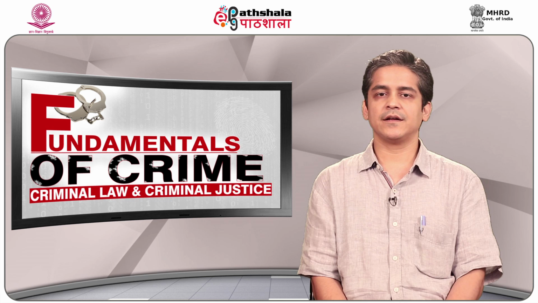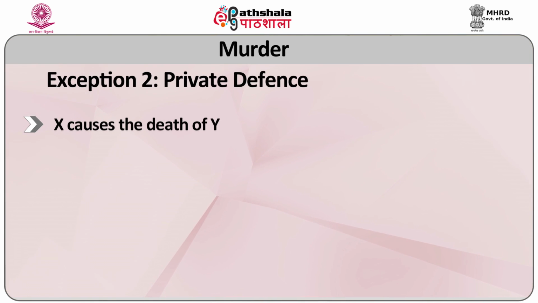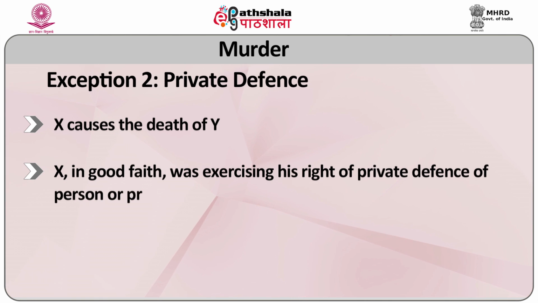Now, let us look at the different ingredients of exception 2 in section 300. X causes the death of Y. X, in good faith, was exercising his right of private defense of person or property.